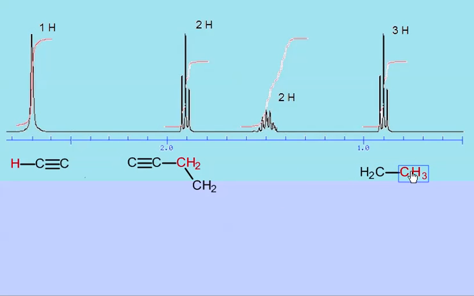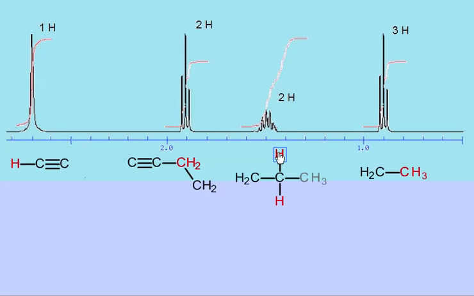Of course, the methyl group at the end, it has 2 non-equivalent neighbours. And this group next to the alkyne bond, it also has 2 non-equivalent neighbours. So the 2 hydrogens here must be the missing link in the middle. And that explains why it's such a nasty multiplet. The 3 hydrogens at the end, from this peak here, of course, are trying to split the signal for these 2 into a quartet.